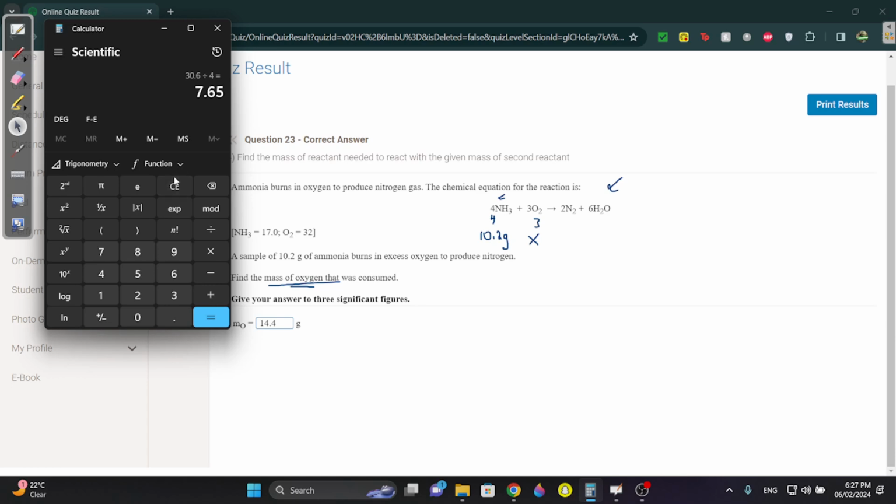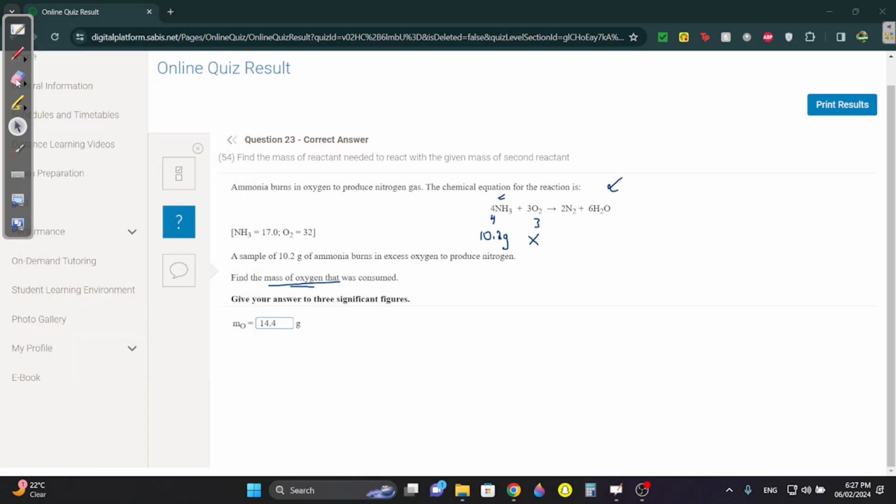Okay, I did it wrong. My fault. You have to have mass up and down, or moles up and down. You have 4 moles of ammonia here, so if you have moles up, you have to put moles down.